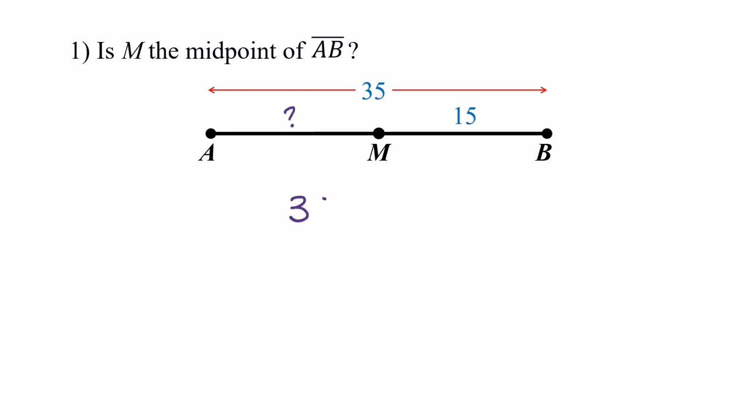I don't know what that is. I take 35, subtract 15, and I get 20, which means this piece is 20, and 20 and 15 don't equal. So the answer is no. This is not a midpoint. Looks like it is. You can't go by that. The diagrams are all going to look lovely and wonderful. Everything's going to look great, but you can't assume it unless you're told.